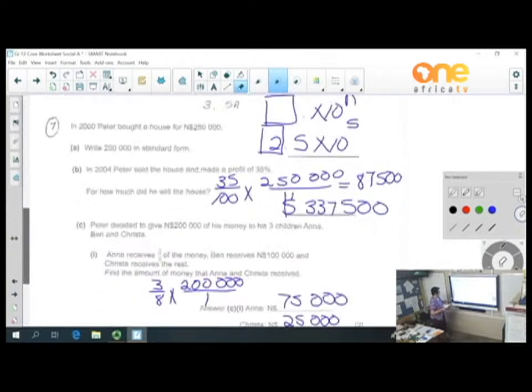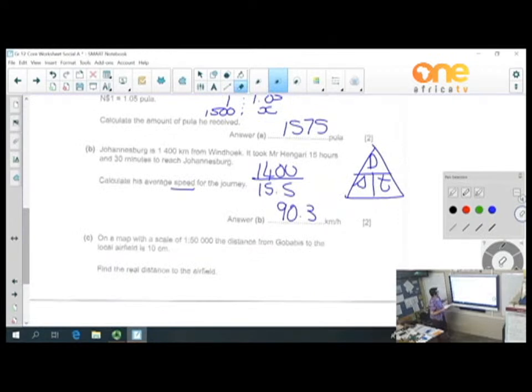Right, number C. On a map with a scale of 1 to 50,000, the distance from Gobabis to the local airfield is 10 centimeters. So it means, again, it's going to be with missing terms. You have to multiply with bottom divide by top. But they don't say if we have to give it in kilometers. Oh, the real distance, so it will probably be in kilometers. So if I multiply 50,000 now by 10, then I get 500,000.